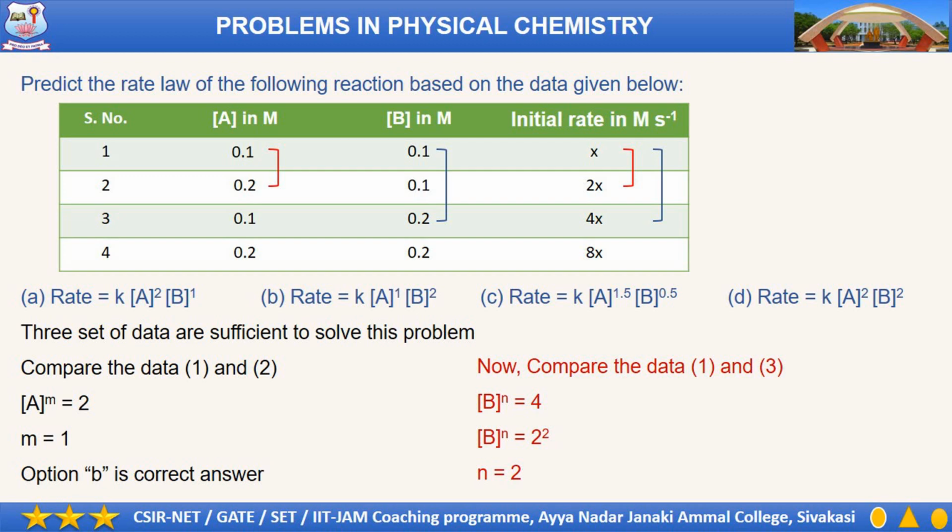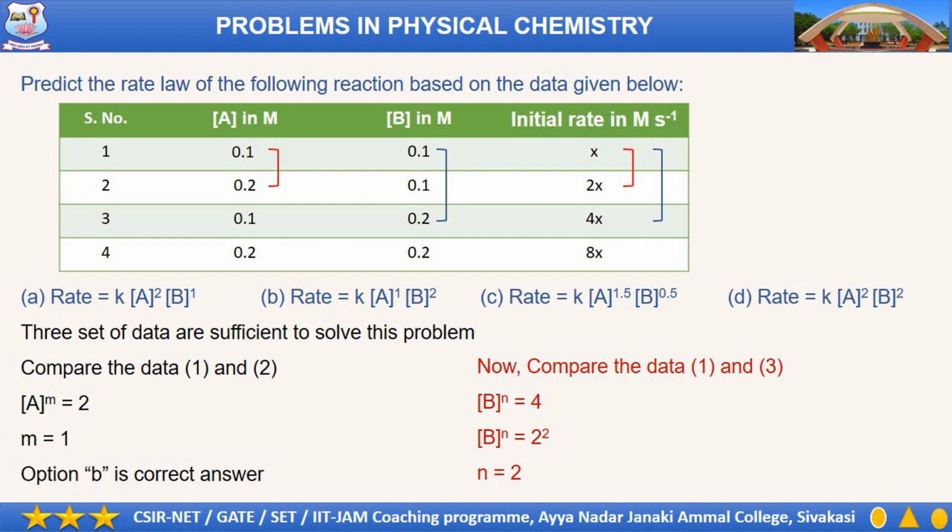A, rate is equal to K into A power 2 into B. B option, rate is equal to K into A power 1 and B power 2.